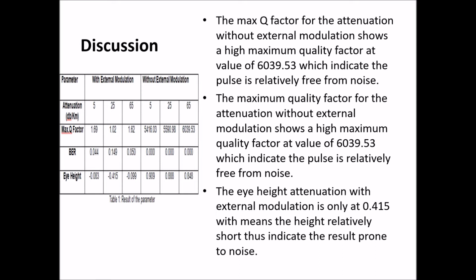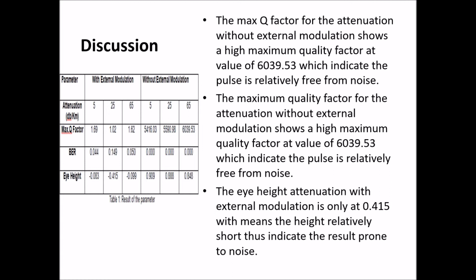Next, the bit error rate for the attenuation with external modulation is 0.05 at the highest attenuation, meaning that out of the 50,000 bits transmitted, 1 bit was in error. As for the bit error rate for the attenuation without external modulation, it is 0. This can be translated as no bit error during the transmission.